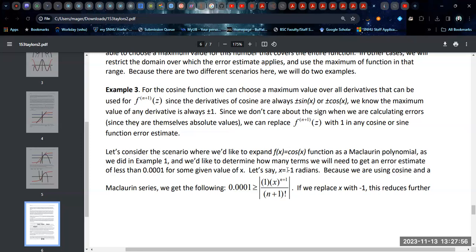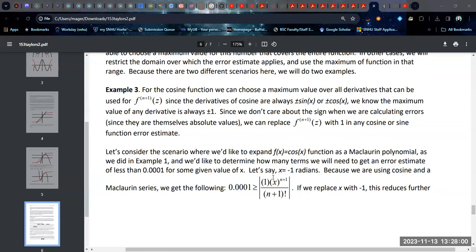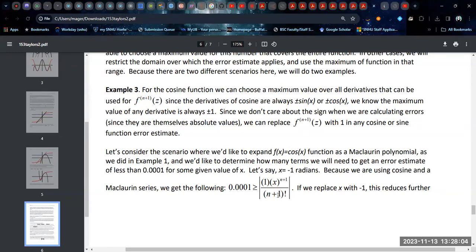For instance, if you're estimating it centered at 0 at -1 radians, you would place your -1 in here, and then you would have an expression that depended only on n. The absolute value will throw away the negative part, and 1 to the n and 1 to the n plus 1 are both 1, since 1 to any power is 1. And so you're basically just left with 1 over n plus 1 factorial.